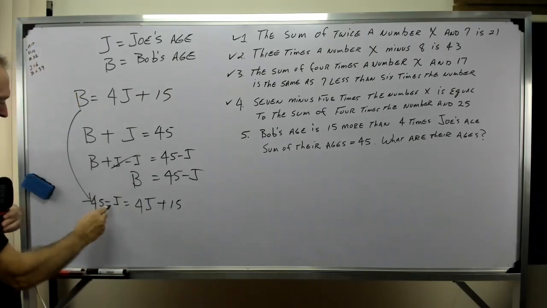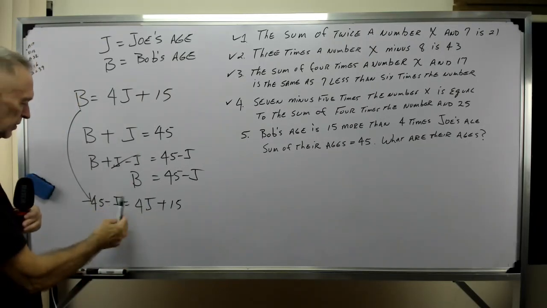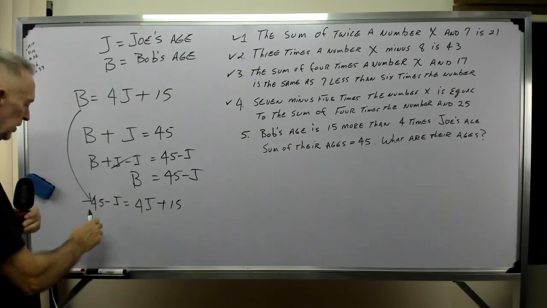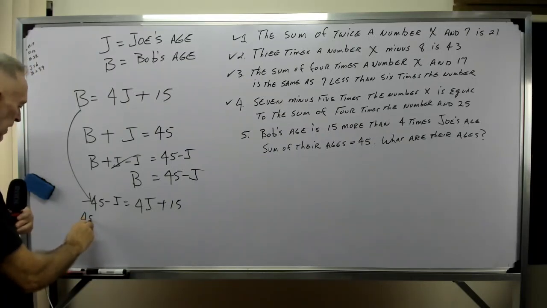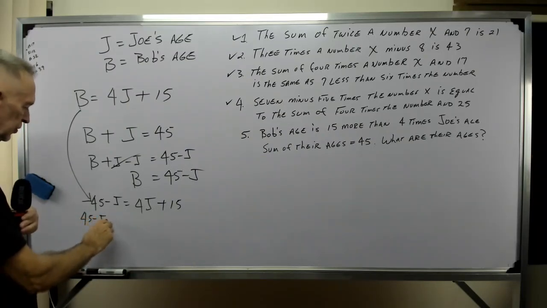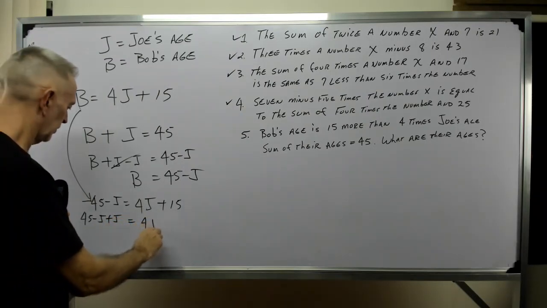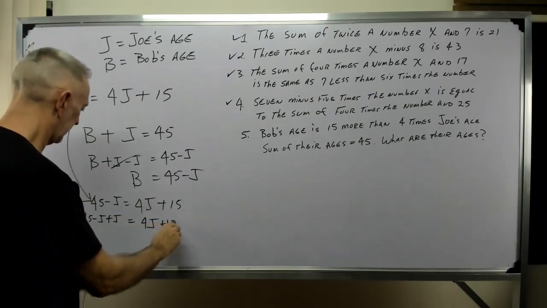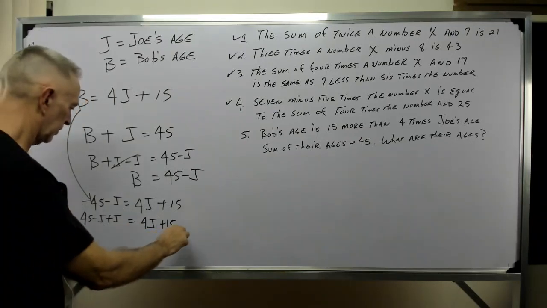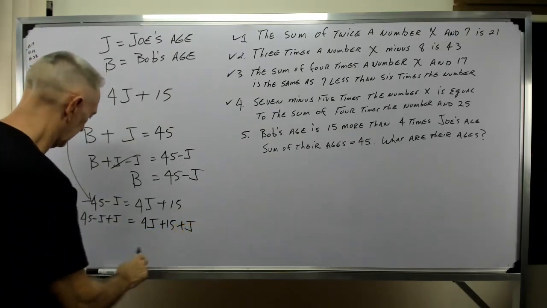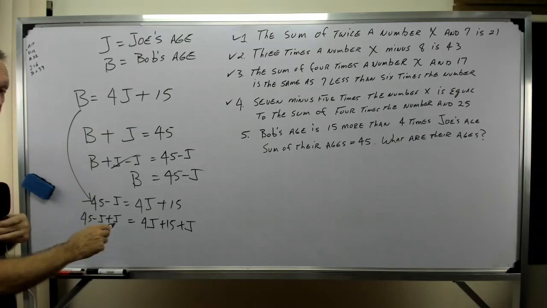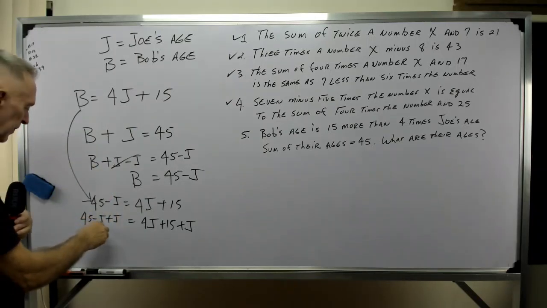Well, let me add J to both sides, since this 4J here and 1J there. So 45 minus J plus J equals 4J plus 15 plus J. Lots of Joes here. It's one of my best friends in China, by the way.